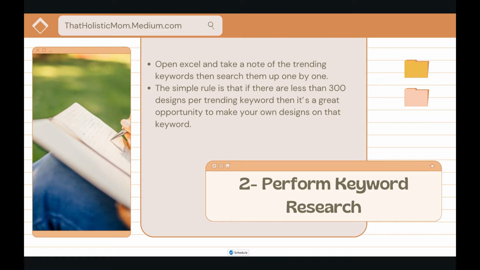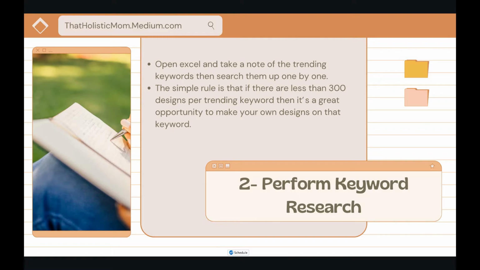It's basically using the Redbubble platform. You can easily do that by using a simple trick on the Redbubble website search bar. Go on the search bar, type each letter one at a time, A, B, C, and see which keywords have the scaling graph image next to them. These keywords are trending.